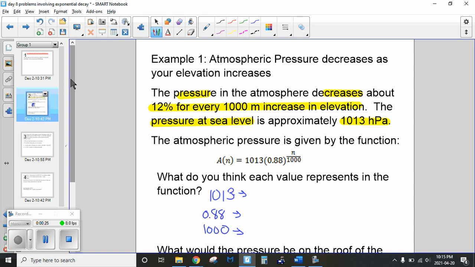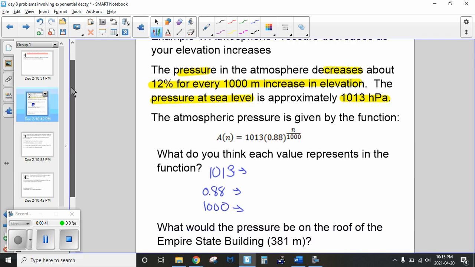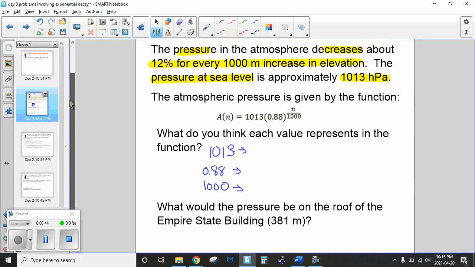The first one is an atmospheric pressure question. And the idea here is that as your elevation increases, like going up Mount Everest, for example, atmospheric pressure drops following an exponential pattern. So the pressure in the atmosphere decreases about 12% for every 1,000-meter increase in elevation.